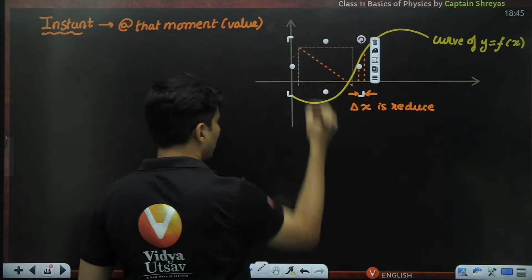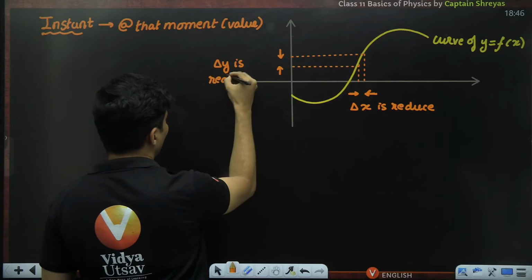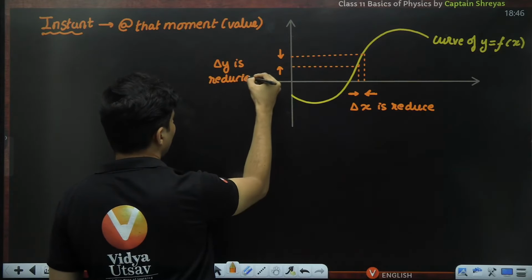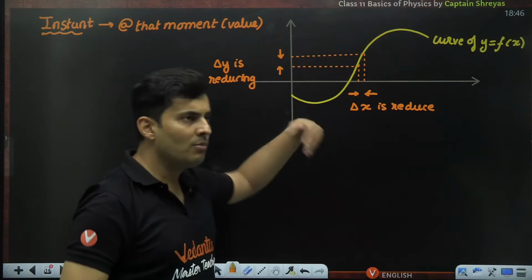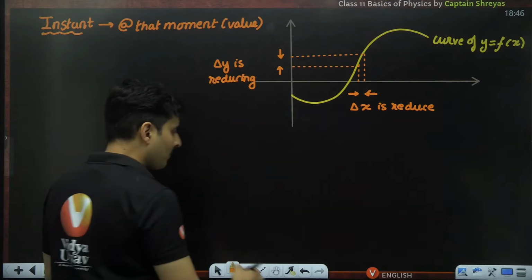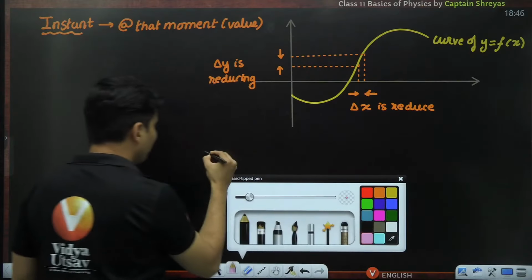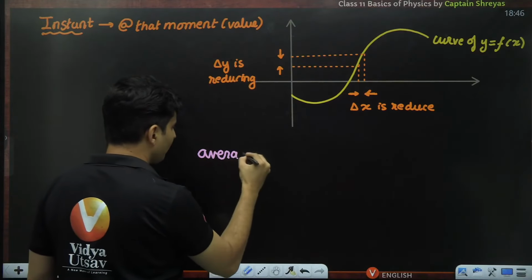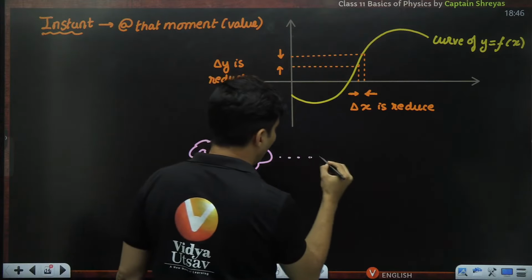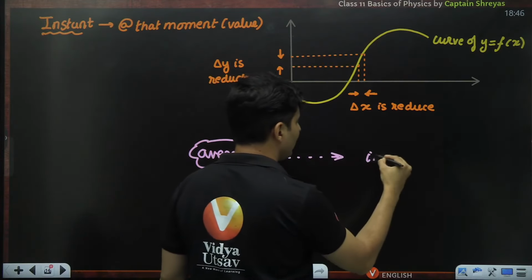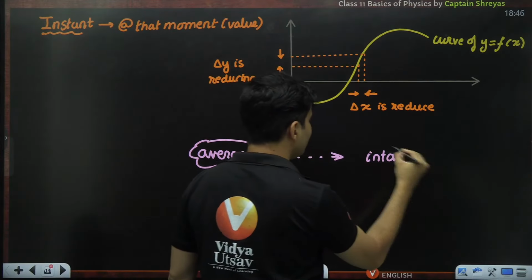So I will say that these two values are coming closer. So delta y is reducing as a consequence of it. I am moving in this process from an average value to a more instantaneous value.